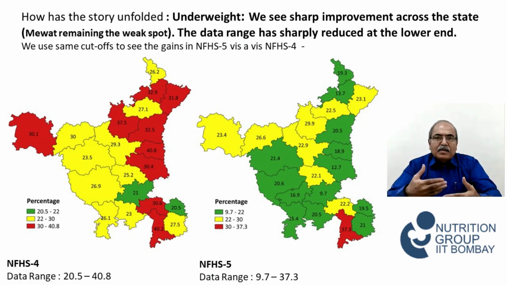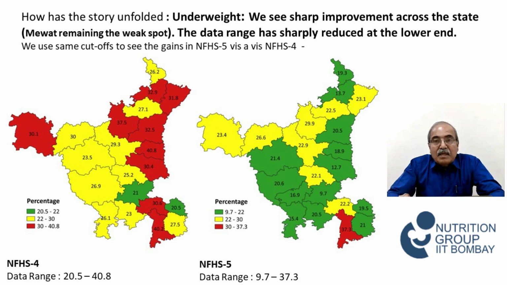Let's see how the story has unfolded for underweight. You could see a very sharp improvement, and it's across the state. But in Haryana, Mewat remains the weak spot, and that comes out here as well. So you notice that there is a considerable decline.